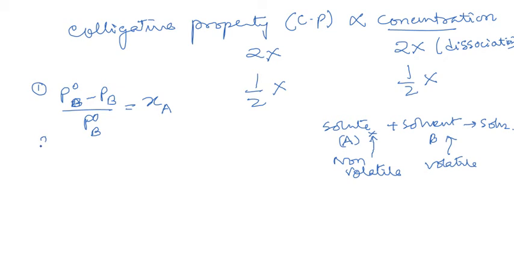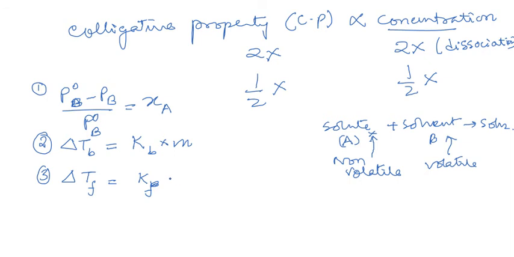The other colligative property that we have is the elevation of boiling point, represented by delta Tb, which equals Kb times molality. Then we have the depression of freezing point, which equals Kf, the molal freezing point depression constant, multiplied by molality.